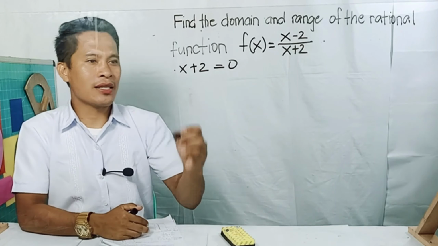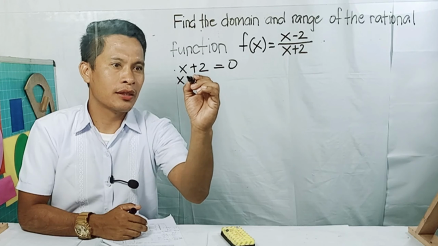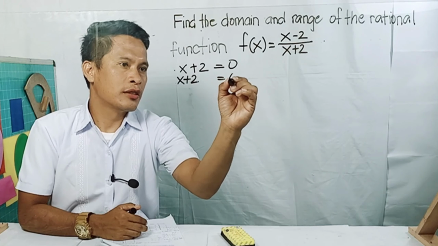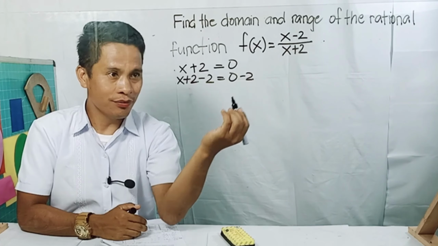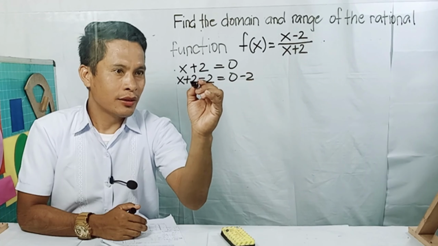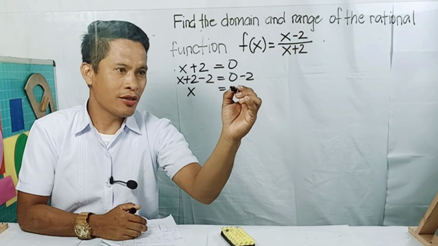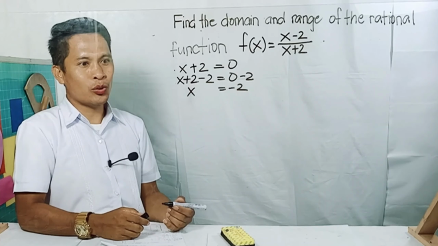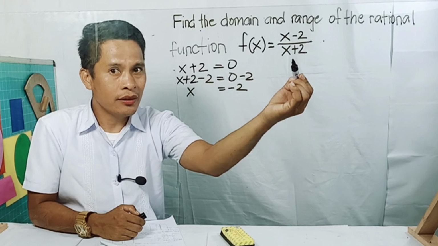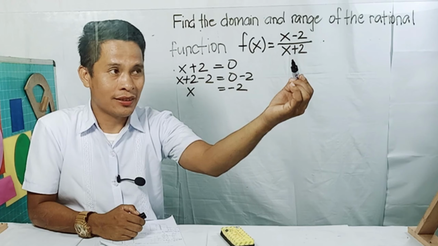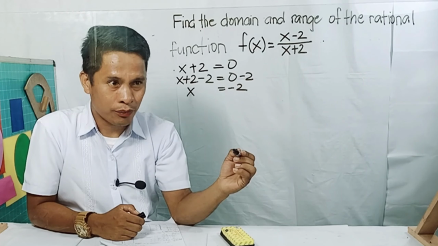To find the value of x, apply the subtraction property of equality. Subtract 2 on both sides of the equation. Then x, 2 minus 2 is 0, and 0 minus 2 is negative 2. Negative 2 is the value of x that will make the function undefined, because negative 2 plus 2 is 0.